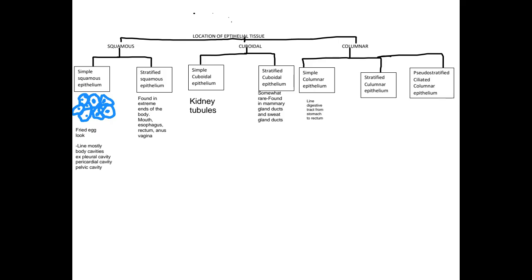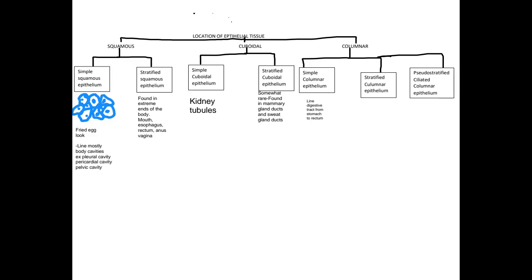Okay, and then the stratified columnar, where you find it really varies. It's not a specific place. So I wouldn't necessarily ask you to remember this one, but I will tell you some areas where it is found. Don't worry too much about this.